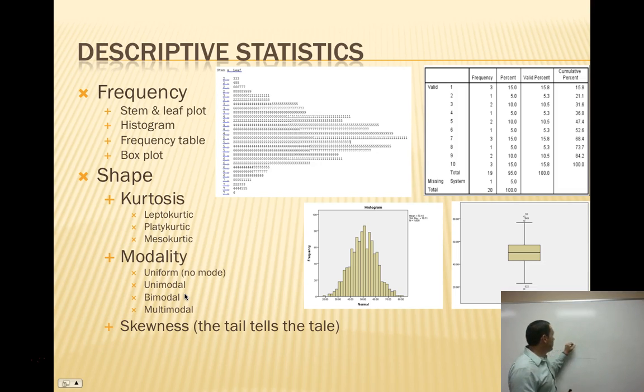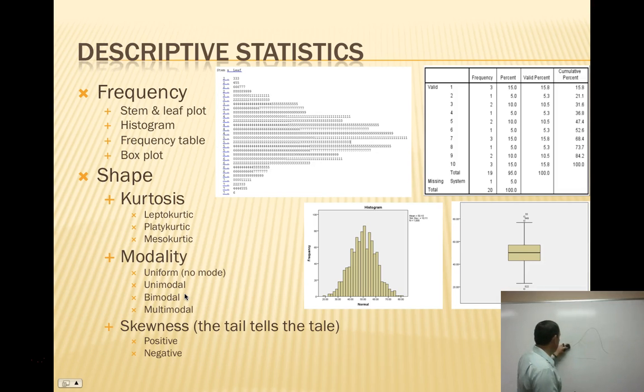So if we had a distribution that looked like this, most of the data are clustered over here with the tail of the data in this direction, there are 2 general types of skewness that we have. We have a positive skew and a negative skew, and since this is going to the left, or skewed left, we would consider this a negative skew.